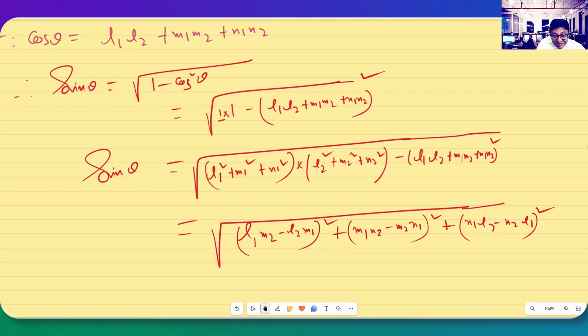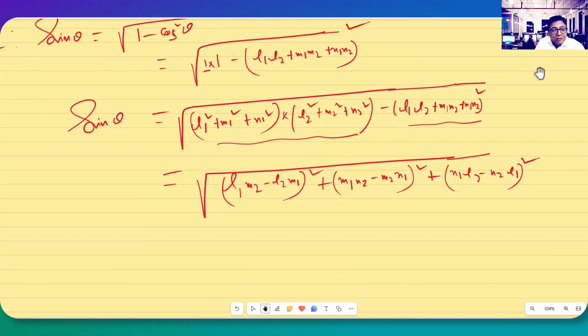And this thing is known as Lagrange's identity. If you expand it and subtract this square, it is going to be like this. You are a student of class 12 mathematics, the highest class in your school. Once you expand and simplify, definitely you can get this thing. So sin theta we got.